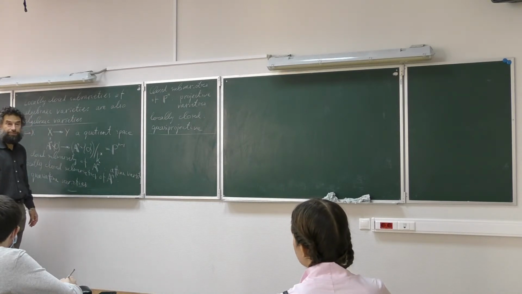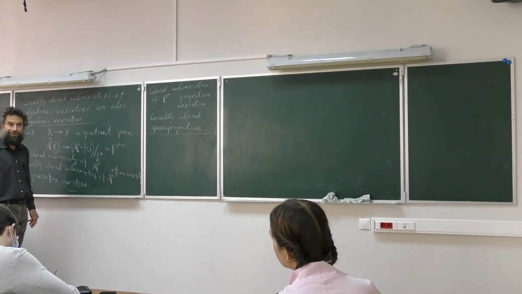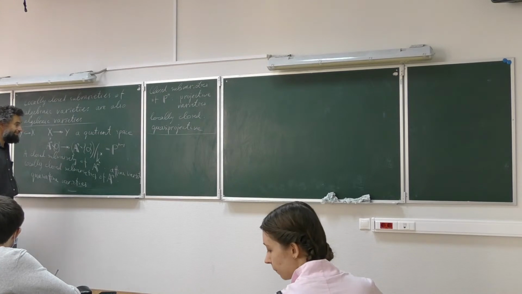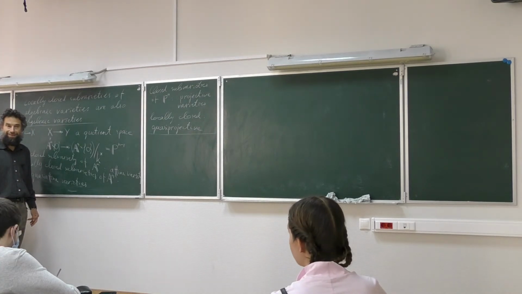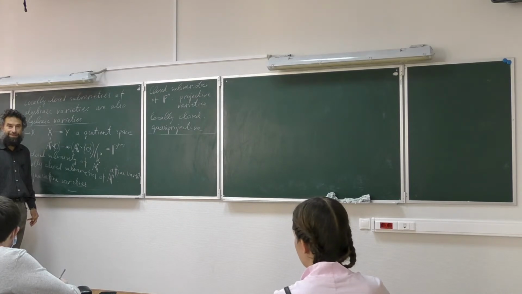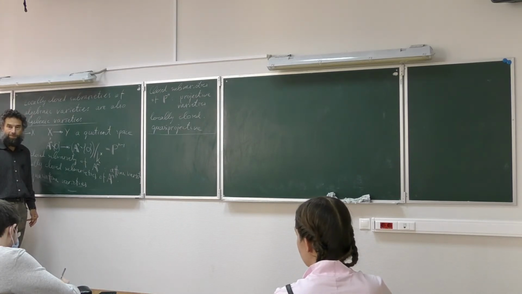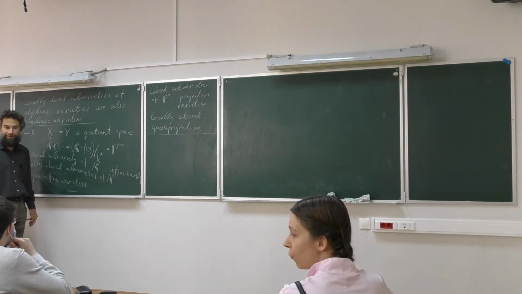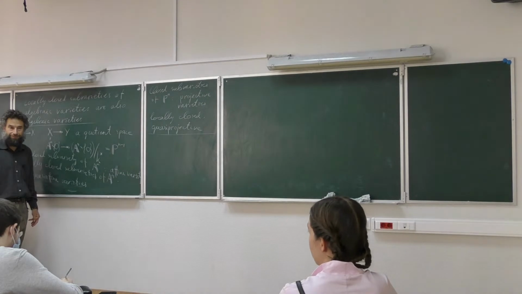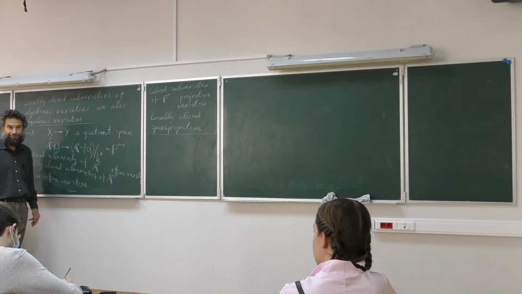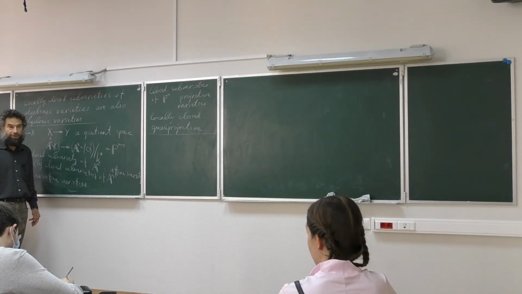Yes? How can we detect whether the quotient space is an algebraic variety? I mean, here it's an automorphism without fixed points. In this situation, when we have an automorphism of finite order without fixed points, it's evident that the quotient space is smooth.